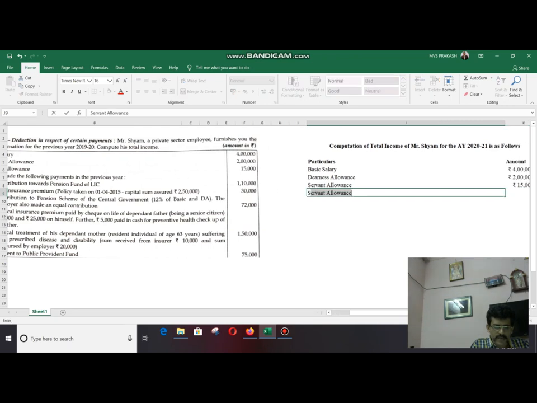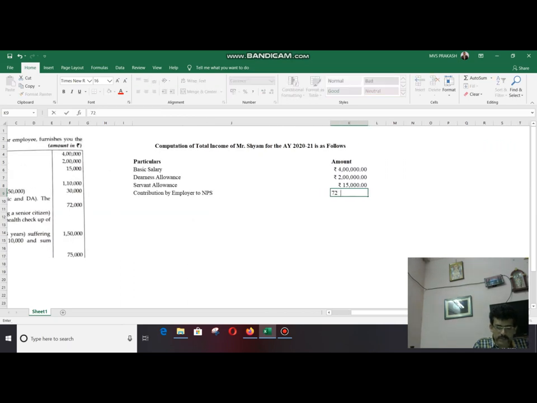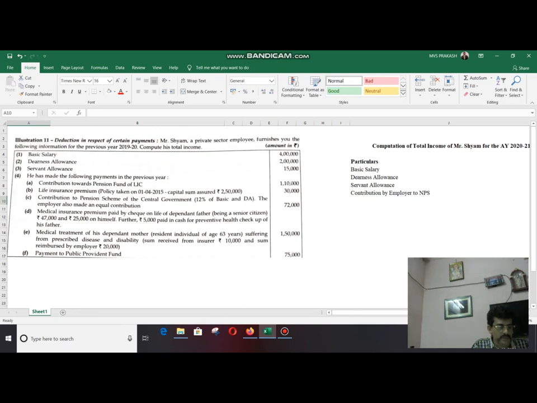So contribution by the employer to the national pension scheme. How much is he contributing? 72,000 rupees is the amount contributed. The employer also made an equal contribution. What is the meaning of that? Employee's contribution is 72,000, and employer's contribution is the same 72,000.